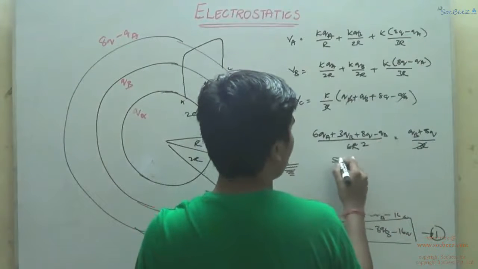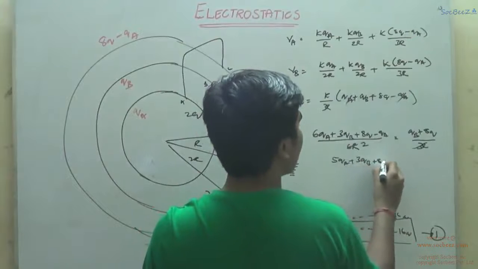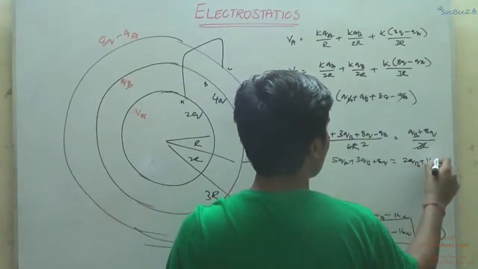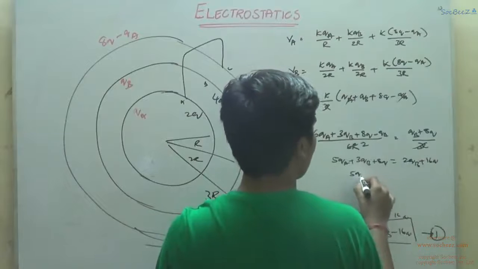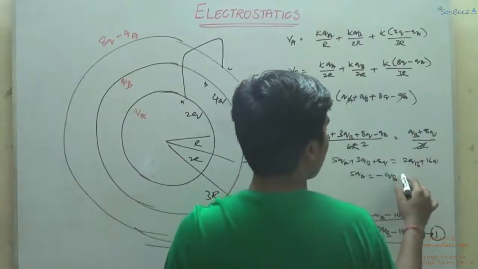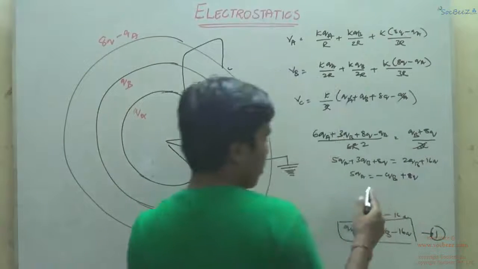So which means 5QA plus 3QB plus 8Q is equal to 2QB plus 16Q, which means that 5QA is equal to minus QB plus 8Q.